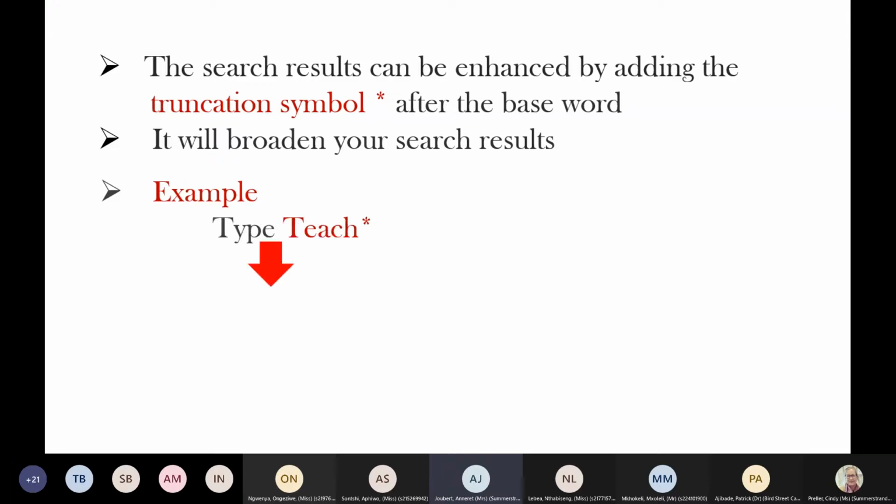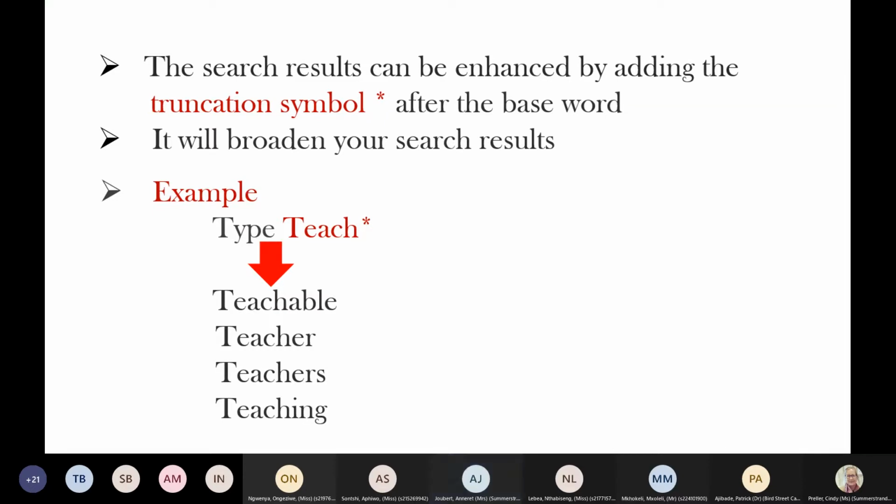Example of this, teach, and then you will get all the variations on that specific base word teach, and it will give you all those results. It will help you in some cases. So we are just giving it to you so that you know about it and you can apply it. So it's up to you if you actually want to use it or not.